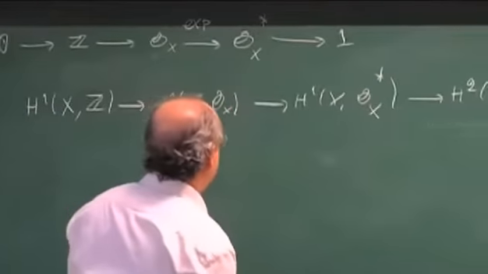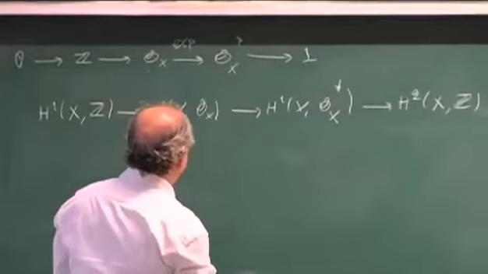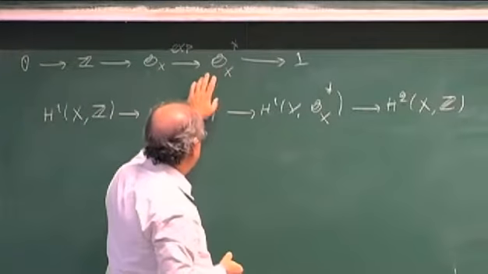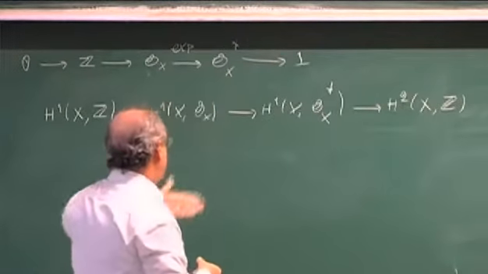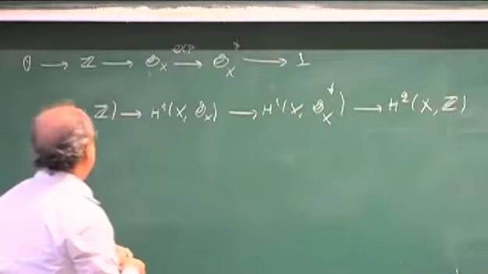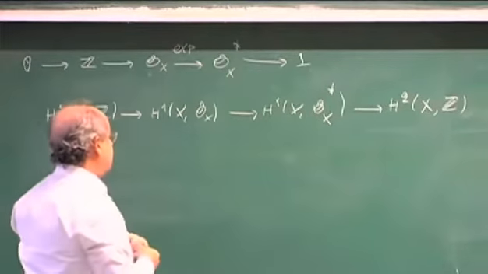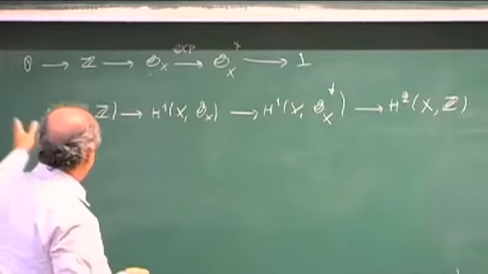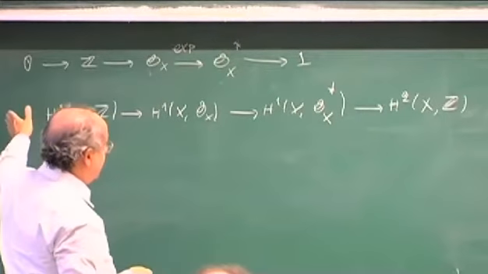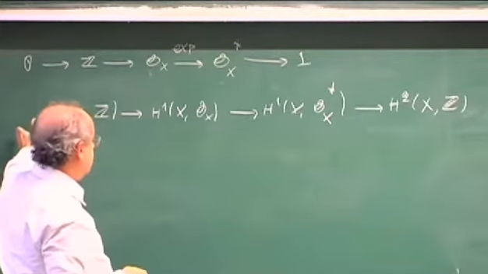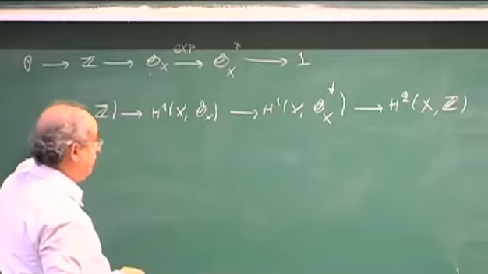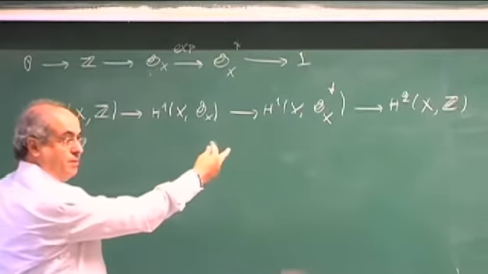You remember this morning we saw that when we have a short exact sequence, you should go through an intermediate step where you use this to construct some morphisms between complexes, and this will, at the end of the day, produce a long exact sequence in cohomology. So I wrote just a piece of it.